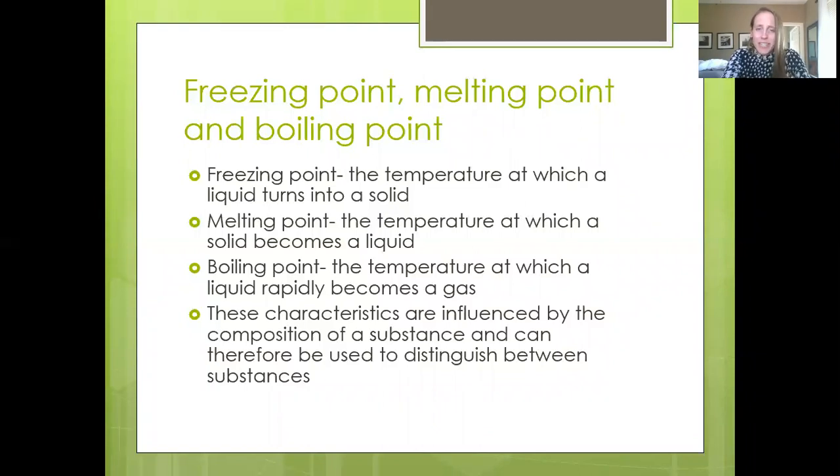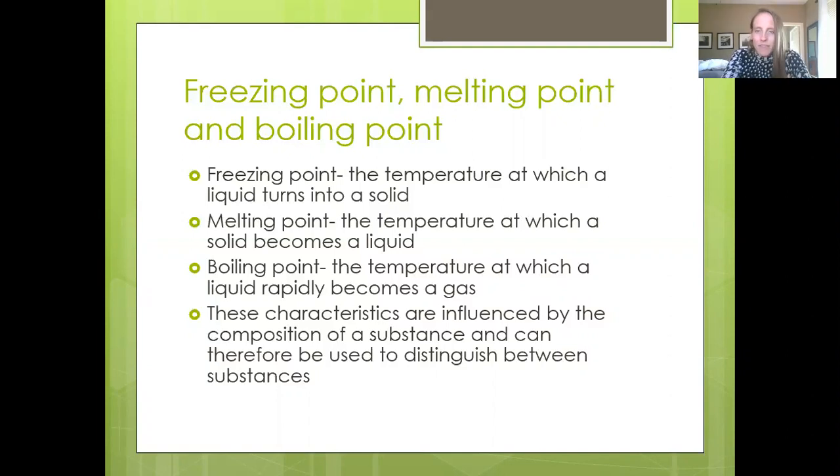A freezing point is just the temperature that it freezes at, so that a liquid turns into solid. Melting point is the temperature that it goes from solid to liquid, and boiling point is the temperature that it quickly goes from liquid into gas, so the temperature it boils at.